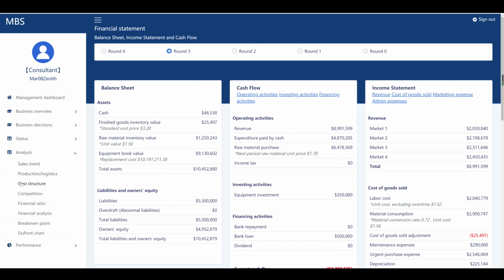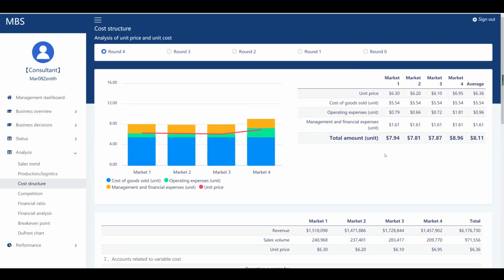And that will affect the cost structure of your decision. And in the cost structure graph, if you purchase the raw material appropriately, you can reduce the cost in the cost of goods sold figure.